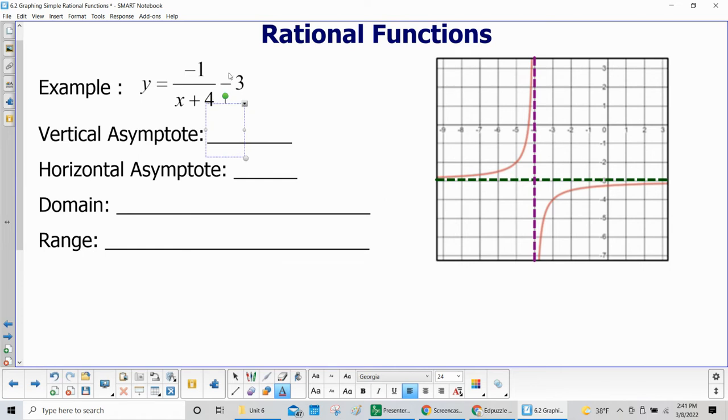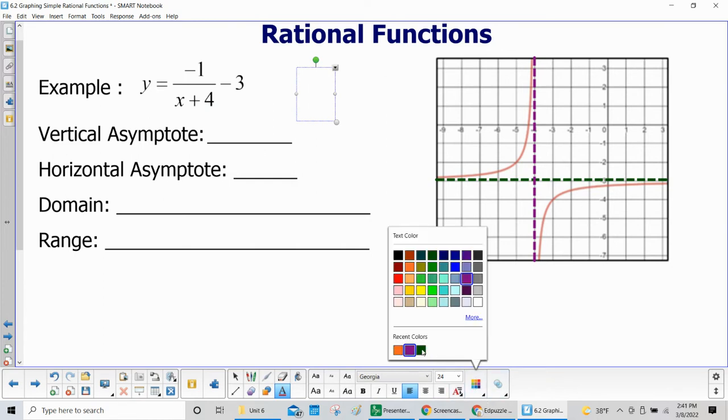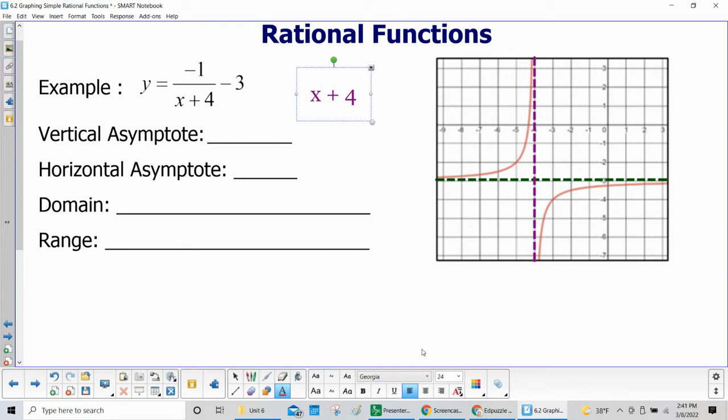If I was trying to find my vertical asymptote, I would look at the denominator. I would have x plus 4 equals 0, which would then give me an equation of just x equals -4.